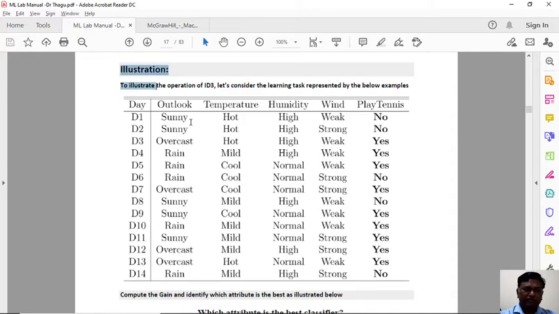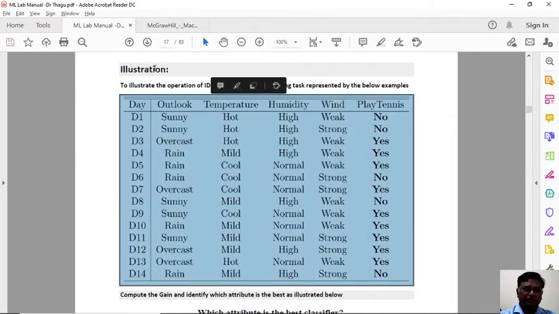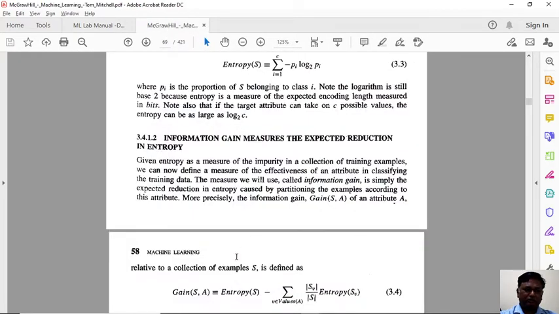To find the best attribute, we use a measure, that is information gain. You see this formula 3.4. From the textbook I am showing you the formula. Information gain: Gain(S, A) equals Entropy(S) minus the summation of |Sv|/|S| times Entropy(Sv). So to calculate gain you need entropy.